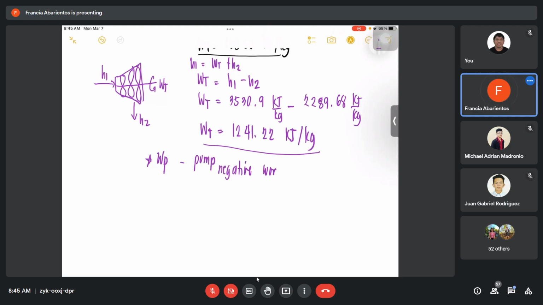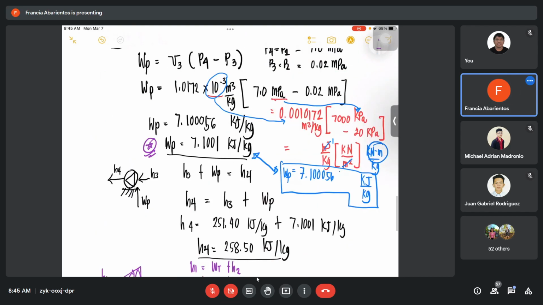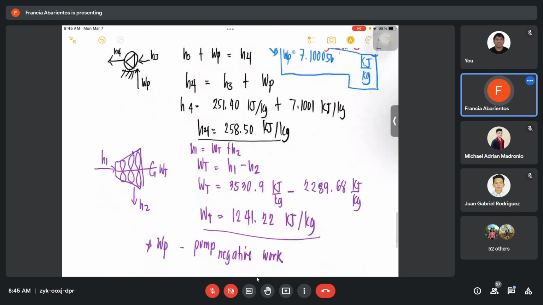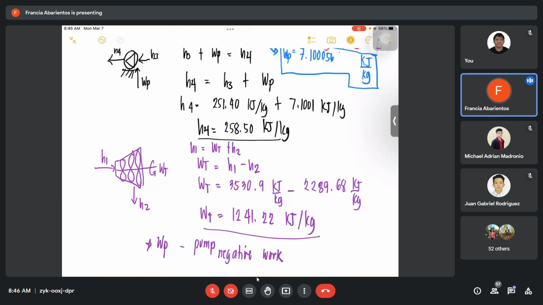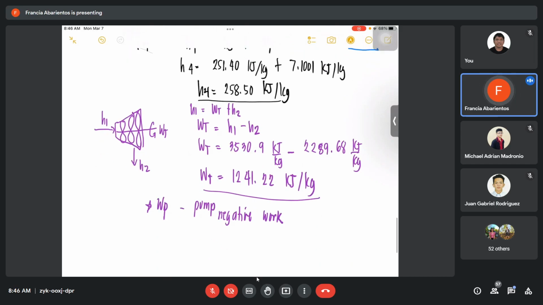Negative work. So, kung babalik na rin lang naman 'to, we have the work of the pump. Negative work. So, dito na yan sa work net.